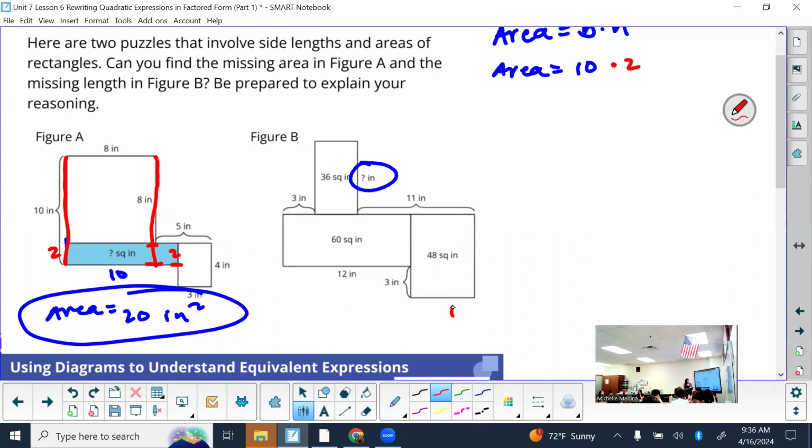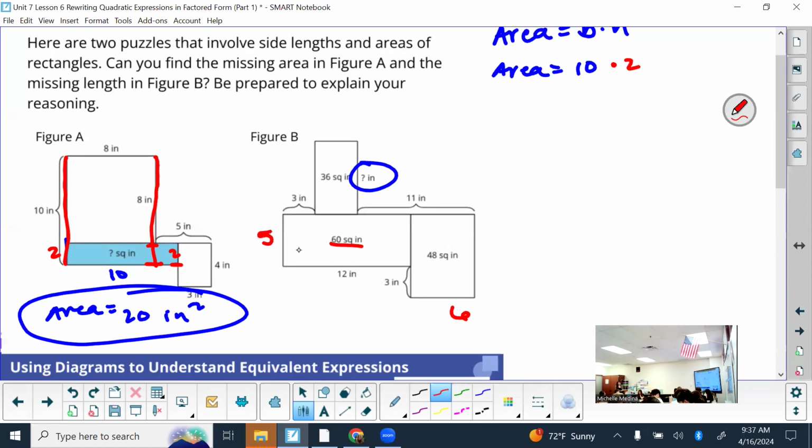Okay. I would have found probably this side length first, and then probably led my way to over here. If my area is 60 and one of the side lengths is 12, what times 12 gives me 60?